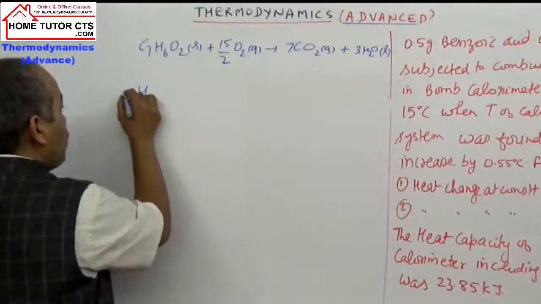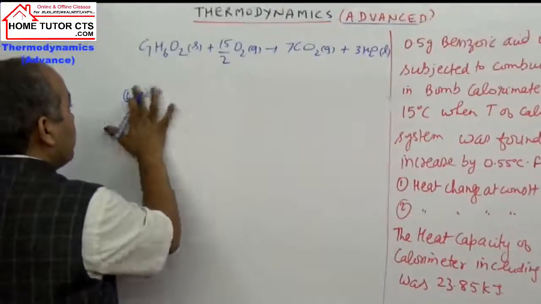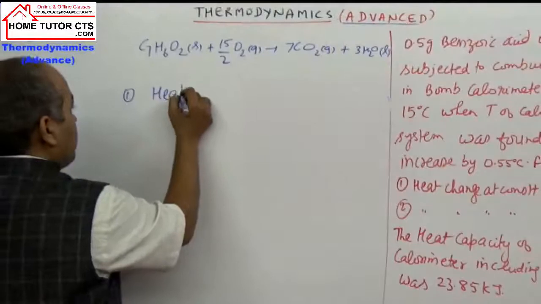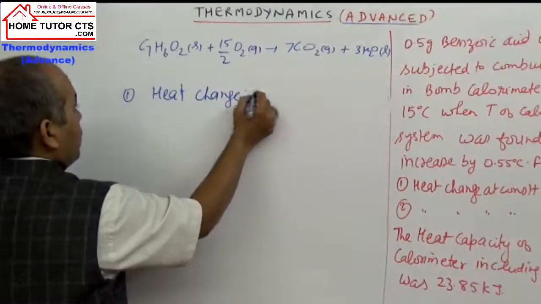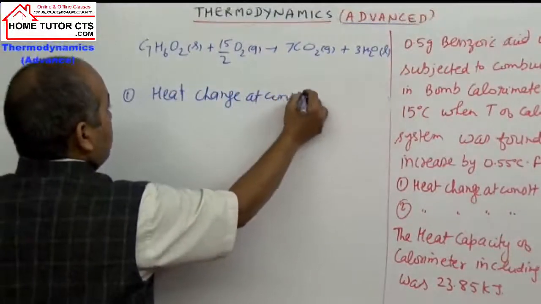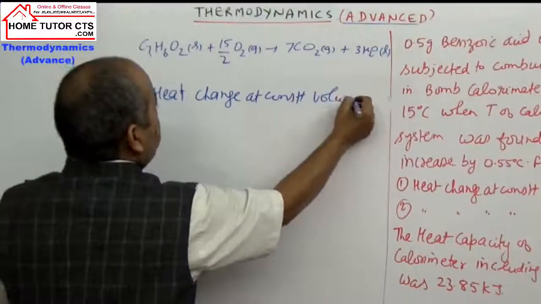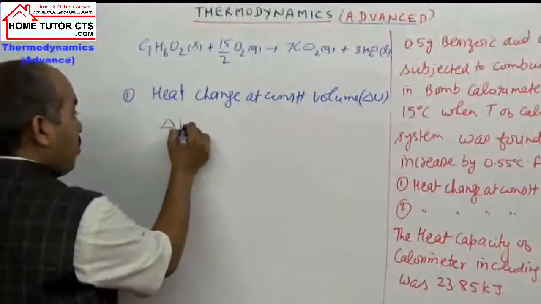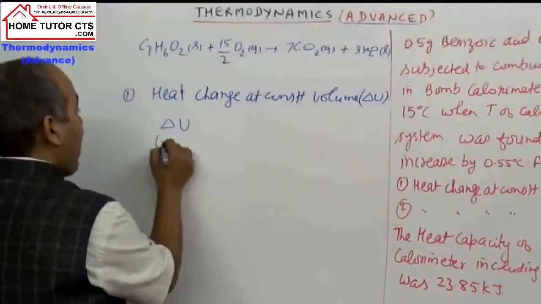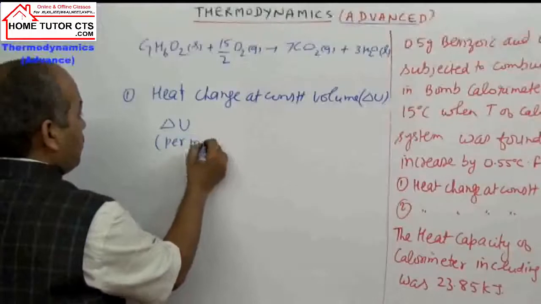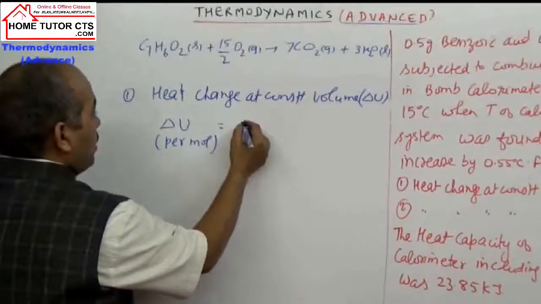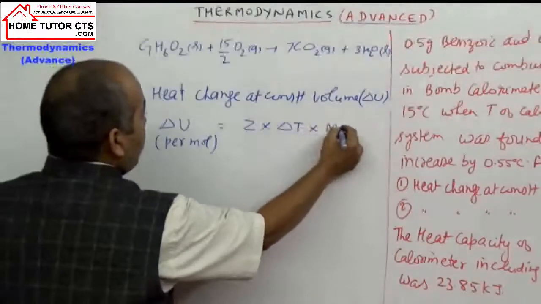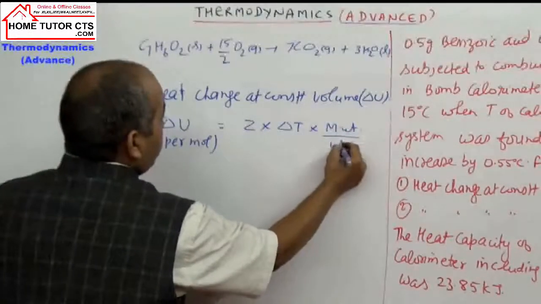For the first part, the calculation of heat change at constant volume. It is called delta U, and delta U can be calculated per mole. It is Z into delta T into molar weight by the weight of substance.